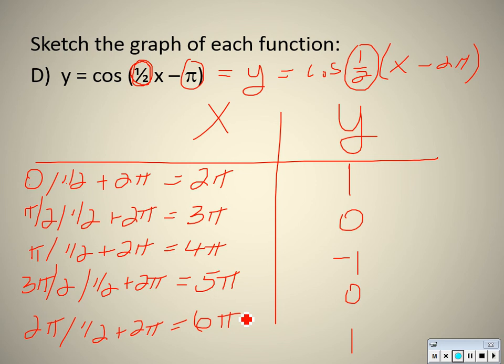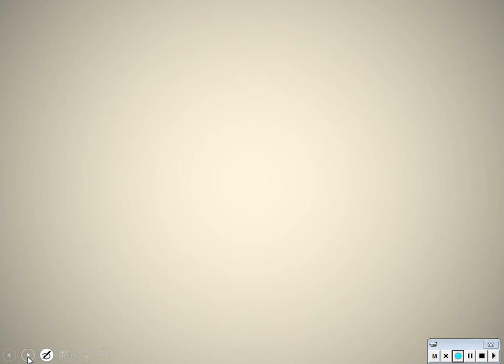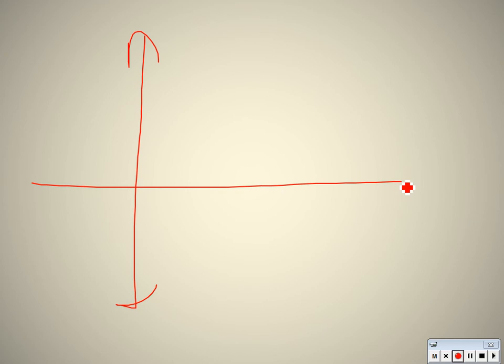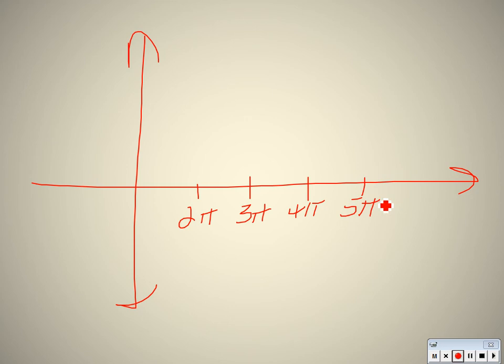So now what I want to do is make the graph. So I got 2 pi, 3 pi, 4 pi, 5 pi, and 6 pi.